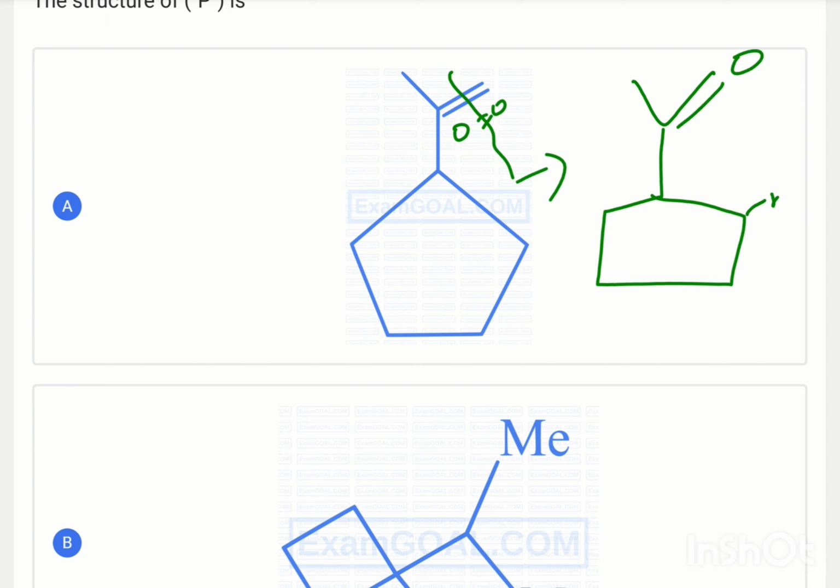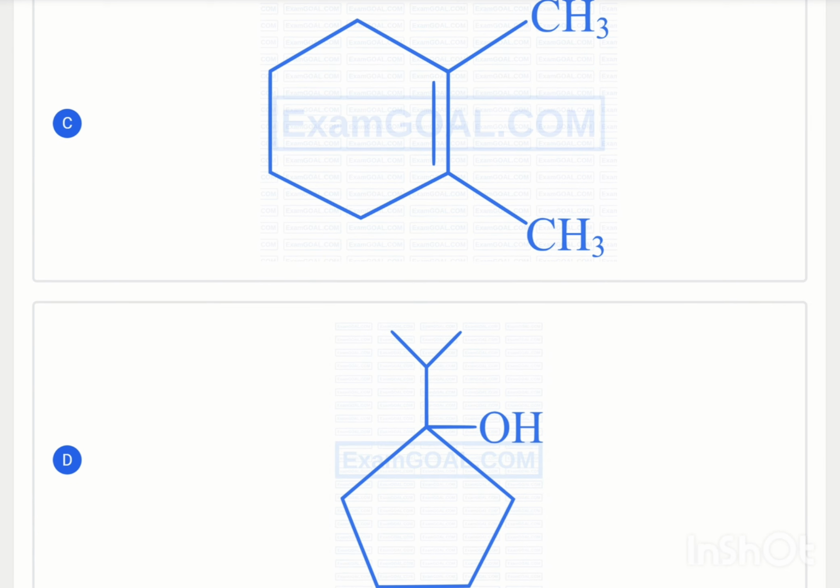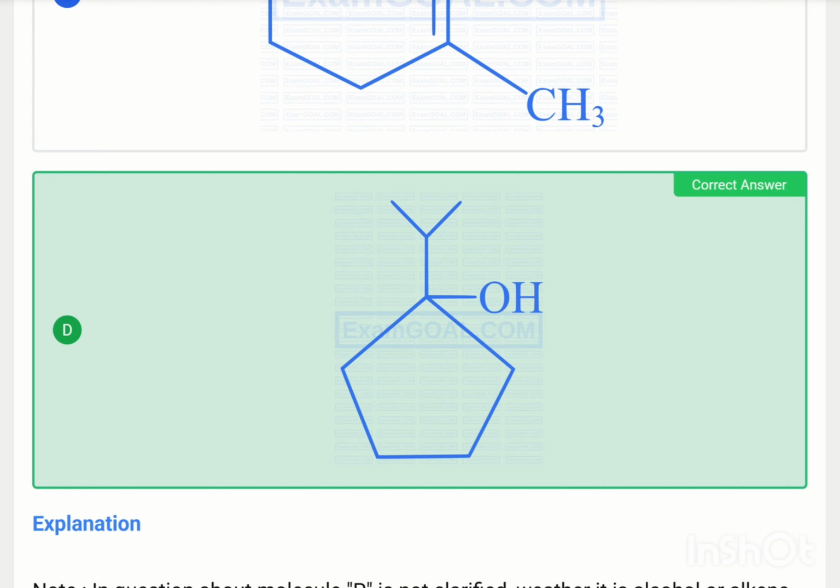And then if you attack this alpha hydrogen, you will again get a pi bond here. That means A, I'm not sure, but D is my answer. I will go with D. Yes, D is my correct answer. So definitely D has undergone the same process that we have discussed in this question.